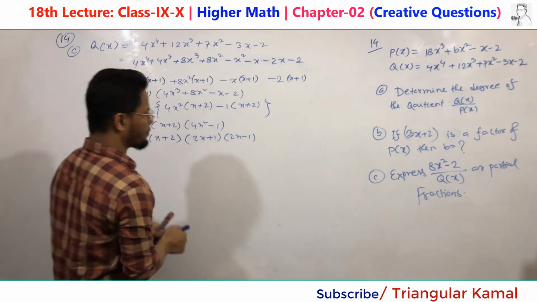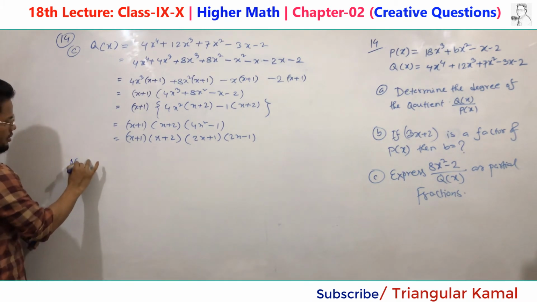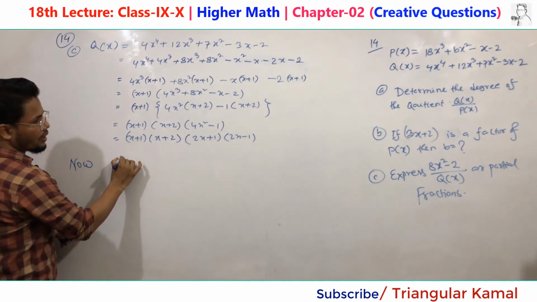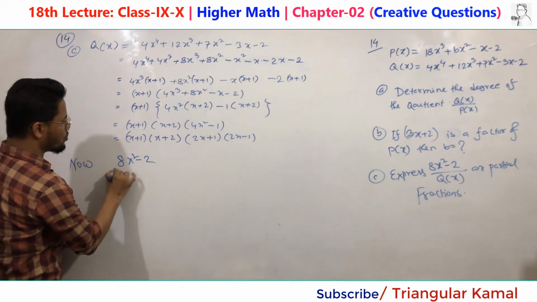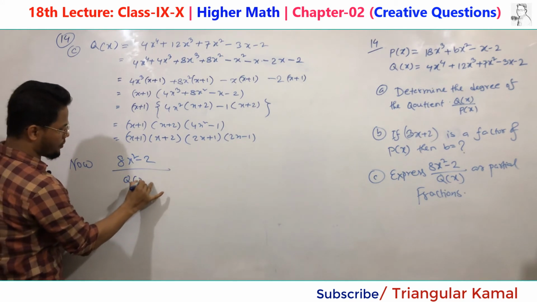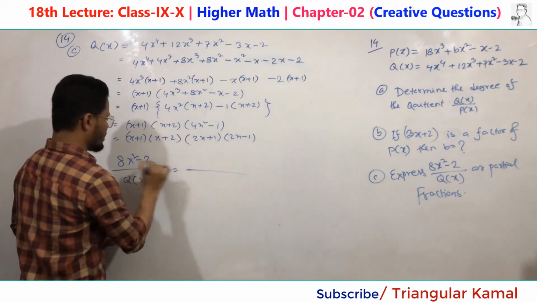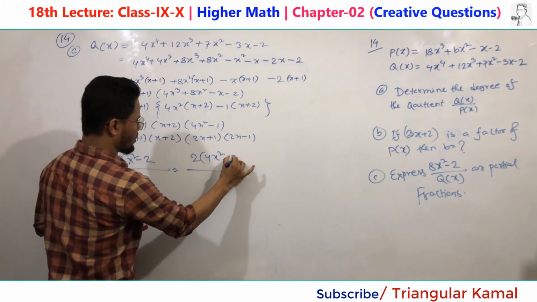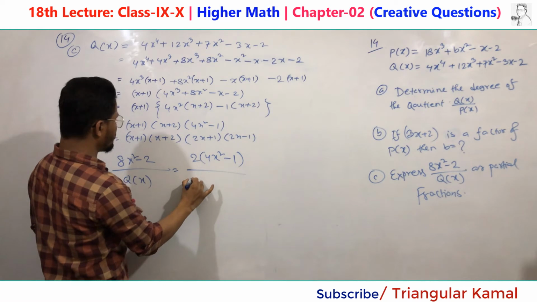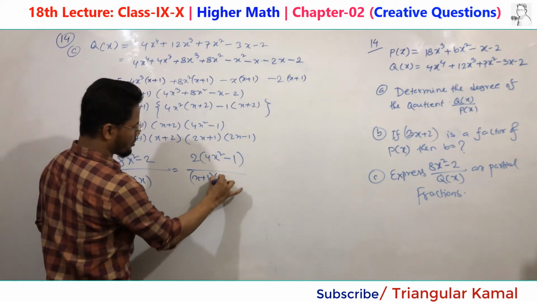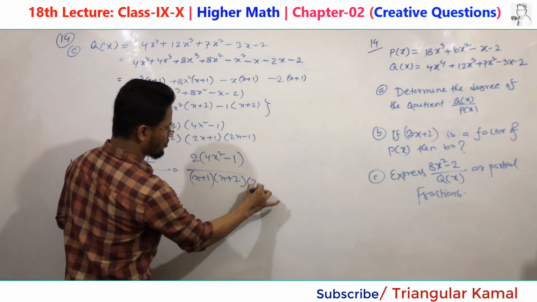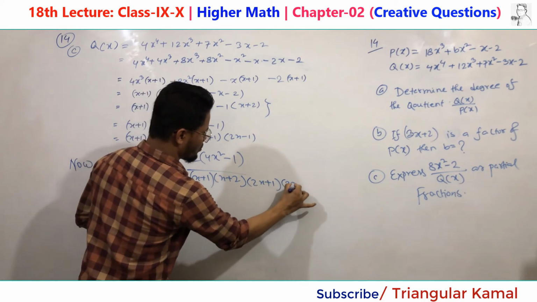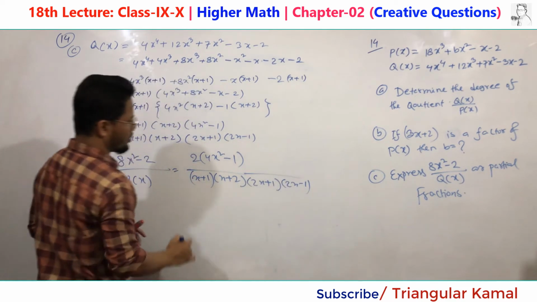Now 8x square minus 2 divided by q of x equals, just taking 2 common, 4x square minus 1, and the cube of x, the factors x plus 1, x plus 2, 2 times of x plus 1, 2 times of x minus 1.